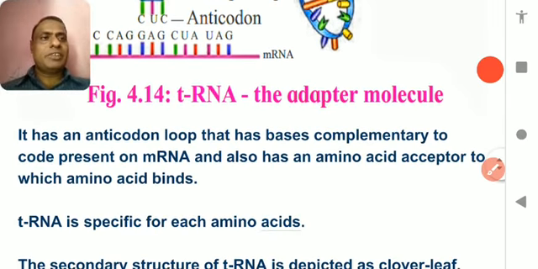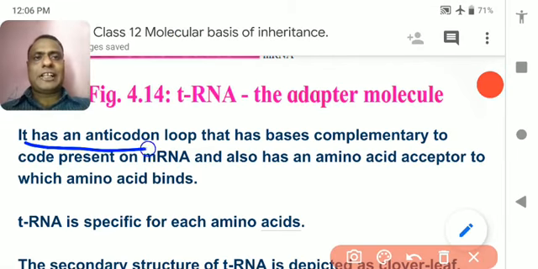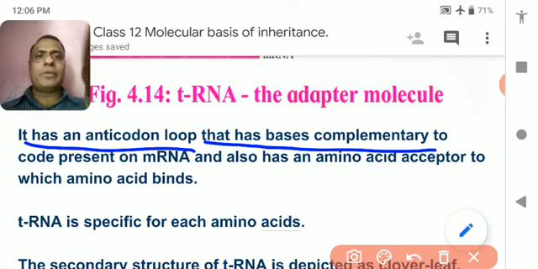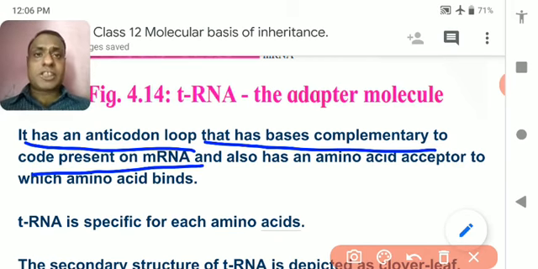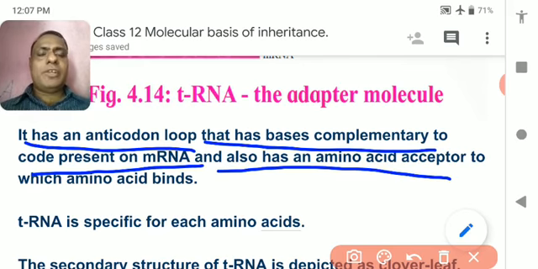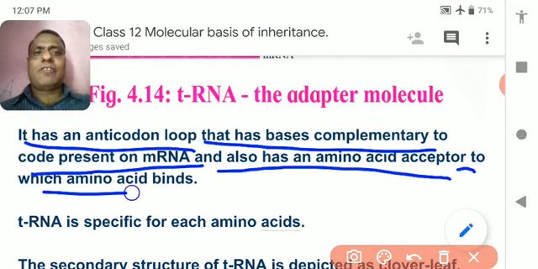Let's study. It has an anticodon loop that has bases complementary to the codon present in the mRNA. Complementary means just the opposite code to the mRNA. Understood? And it has an amino acid acceptor. The 3' end is the amino acid acceptor, which binds a particular kind of amino acid.